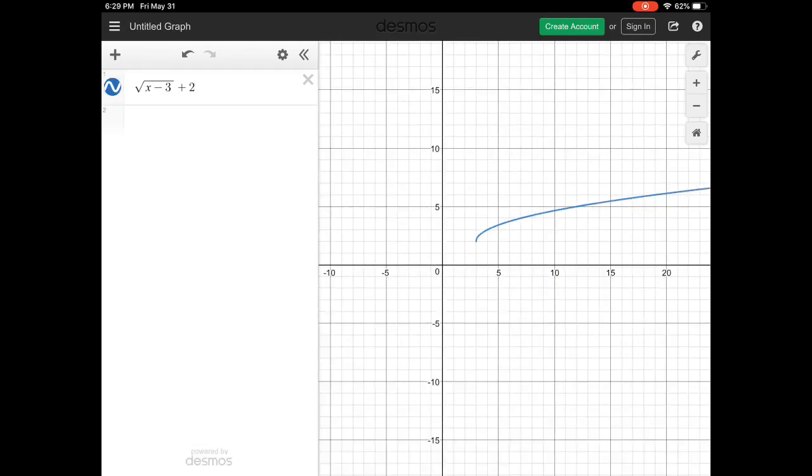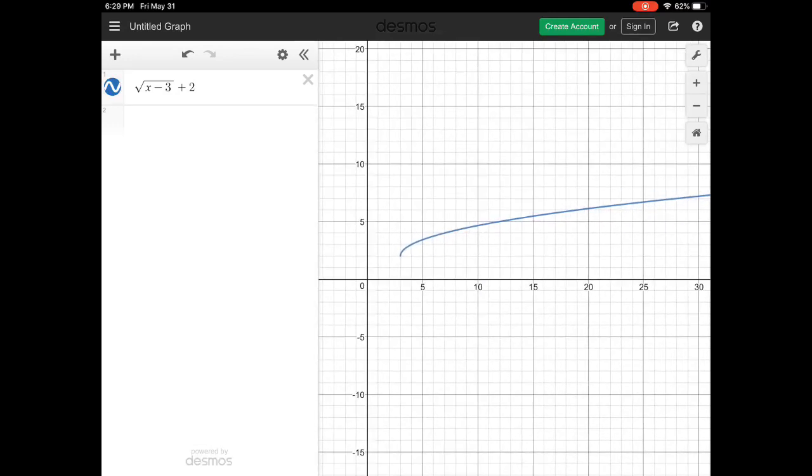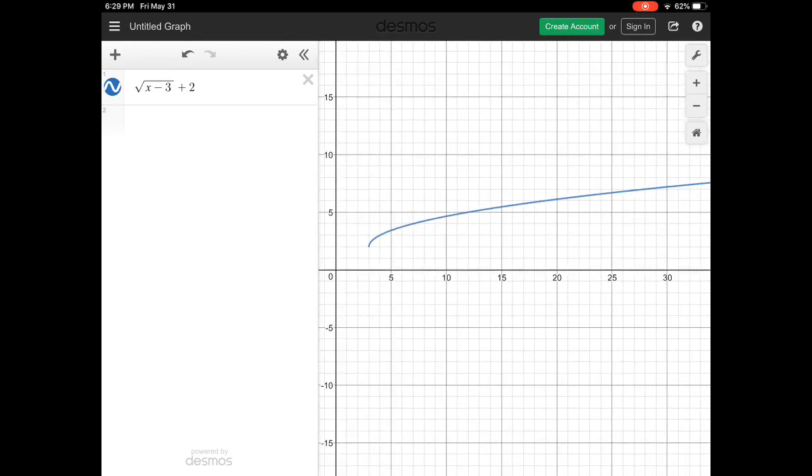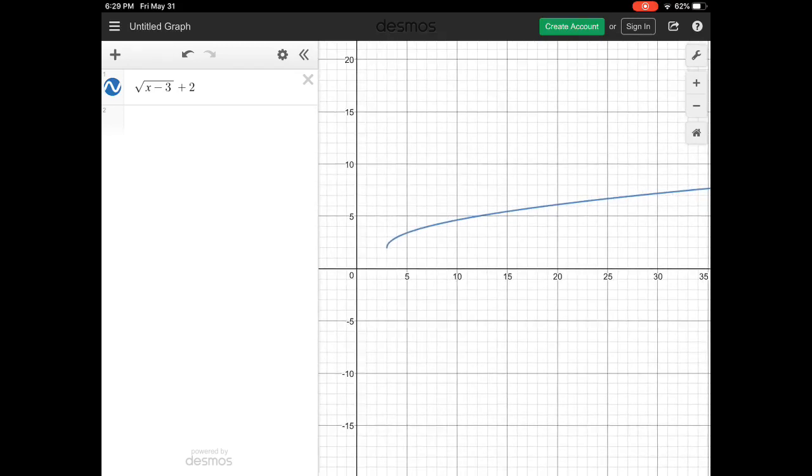Okay, and as we said earlier, when we talked about functions and just the intro to function lessons, the domain is really the x values. It's what can you plug in. So if we are looking at the graph, this here is my graph of square root of x minus 3 plus 2. Well, where's it start? It starts right at x is equal to 3. At that point, yes, y is equal to 2, and we will get into that with range in a second, okay?